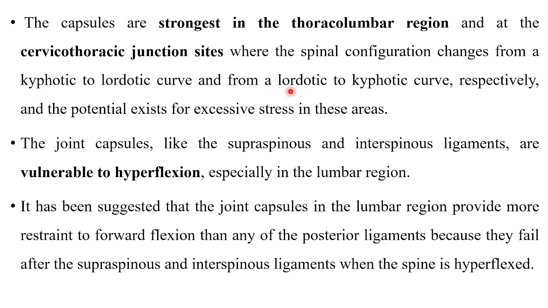So in these two junctions, the thoracolumbar and the cervicothoracic, since there is a change in the spinal curvature, these capsules are strongest because of the excessive stress occurring in these regions.